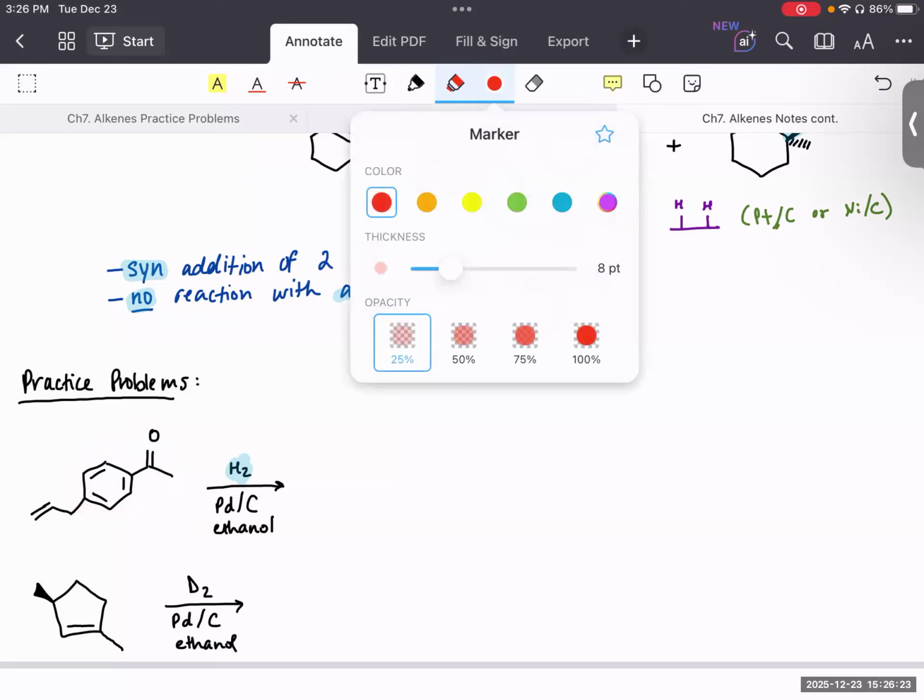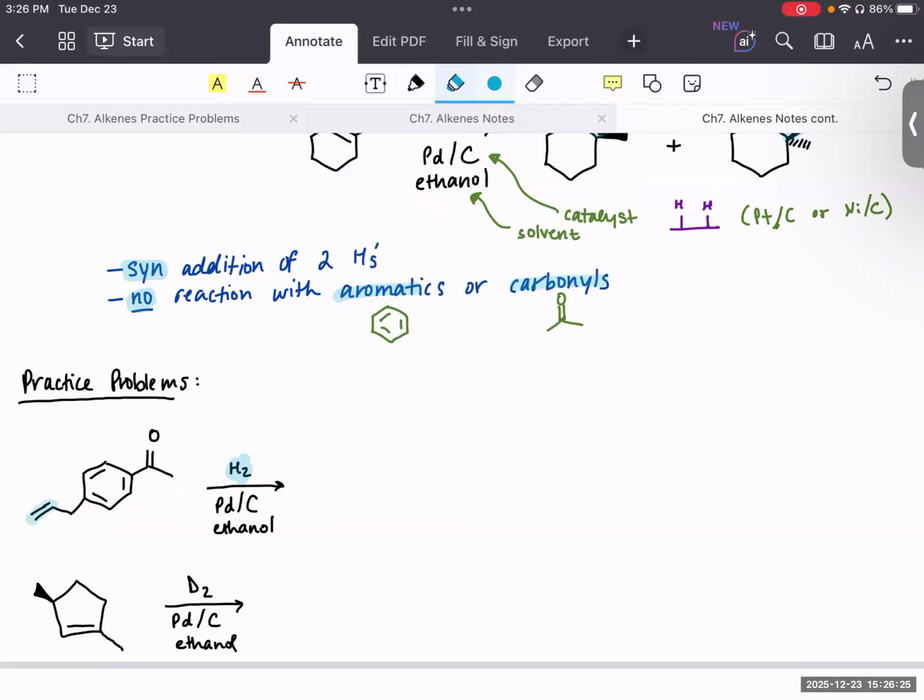And so the only functional group that is going to be touched is that alkene on the left, and that's going to get converted to an alkane. So we're going to redraw the entire reagent and leave those other groups the same. Then we can just add in an alkane where the alkene used to be, and just make sure you conserve the number of carbons. We started off with 3 in that chain, and we ended up with 3.